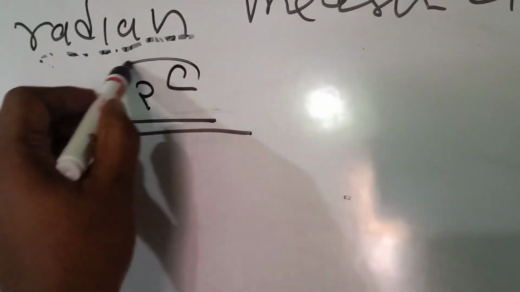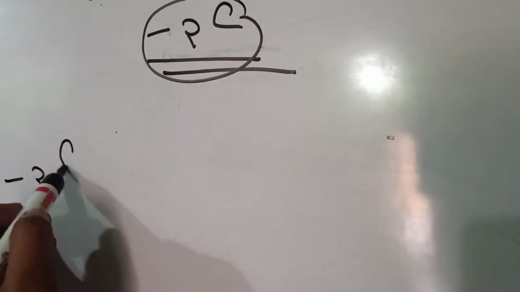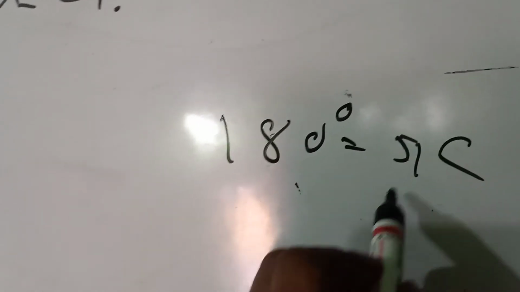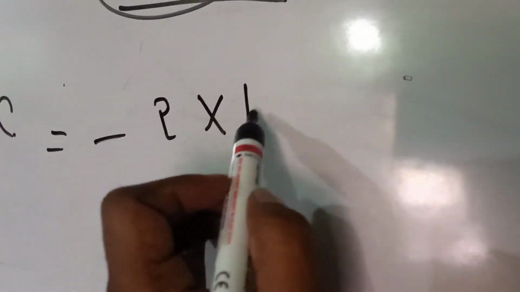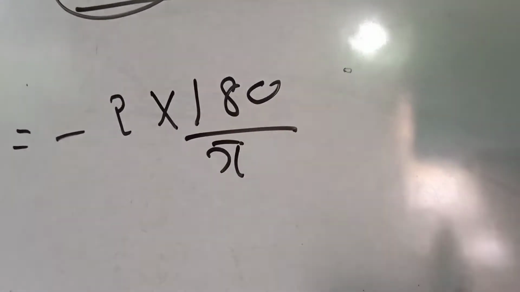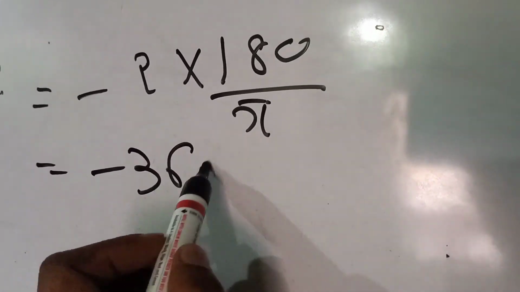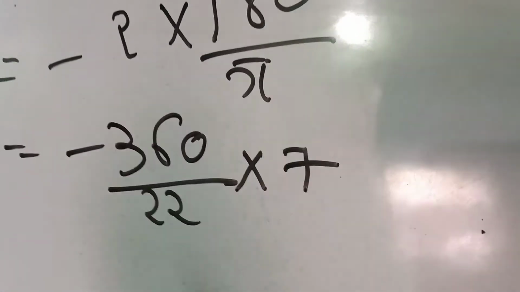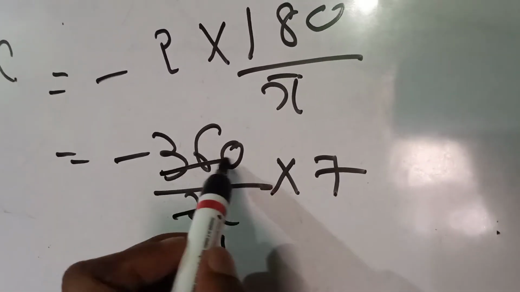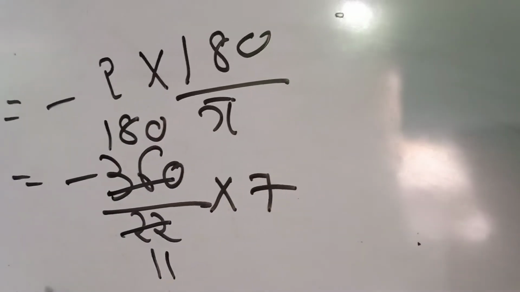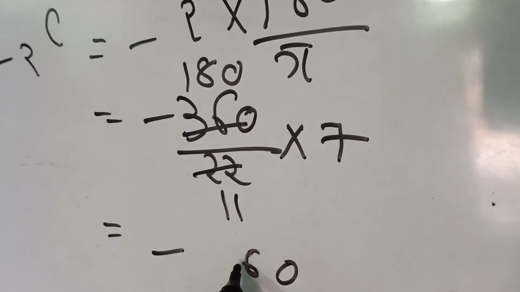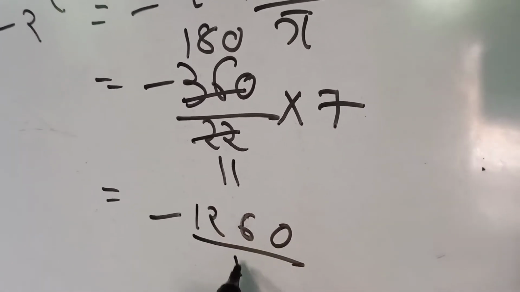Suppose this is minus 2 to the power c. Then 180 degrees equals pi radians, so 1 radian equals 180 by pi. So minus 2 by 11 multiplied by 180 by pi equals minus 360 by 11 degrees, using pi equals 22 by 7.